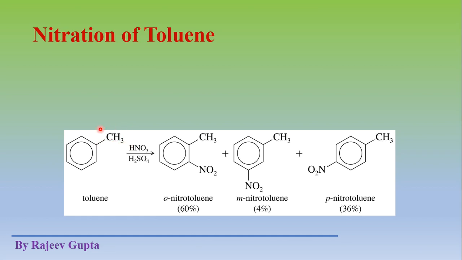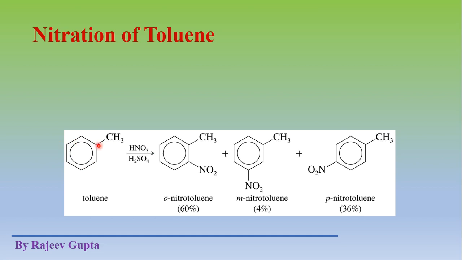So this methyl group will direct the nitro electrophile for addition on these available 5 sites. Here 1 2 3 4 5, here 5 sites are available for the substitution, or first we can say the addition of the electrophile nitronium on this benzene ring. Here nitronium ion will not attach on this side.